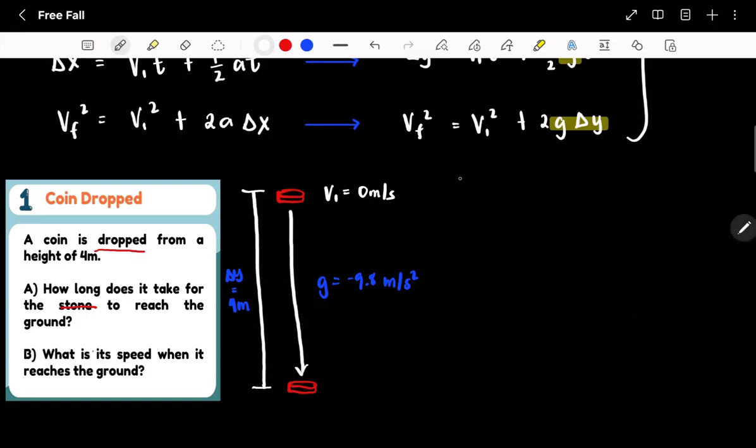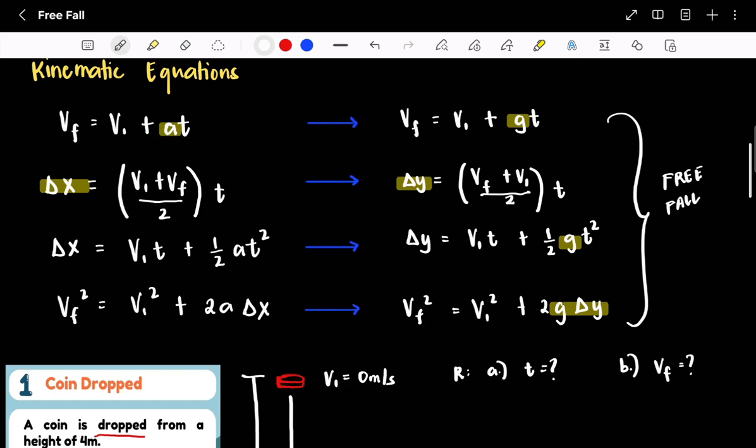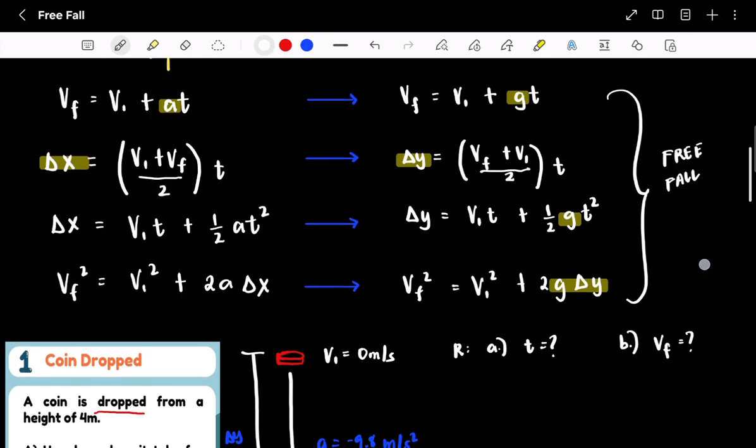In the problem, we are required to solve for number 1, the time it takes to reach the ground, and the velocity when it reaches the ground. That would be the V final. These are the variables that we need, so we have to check our kinematic equations and identify which of these equations are appropriate for the two unknowns.